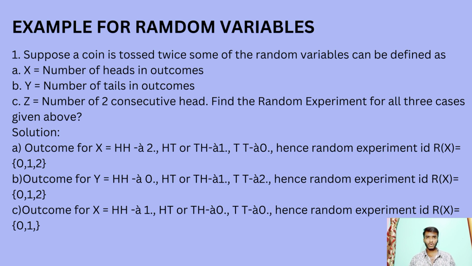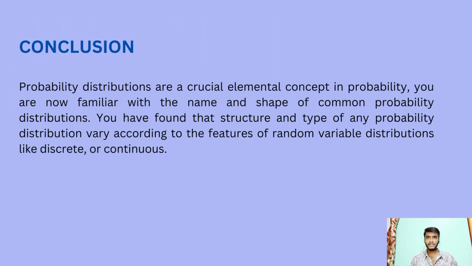B, outcome for y: head head is 0, head tail or tail head is 1, tail tail is 2. Hence the range of y is 0, 1 and 2. C, outcome for z: head head is 1, head tail or tail head is 0, tail tail is 0. Hence the range of z is 0 and 1.